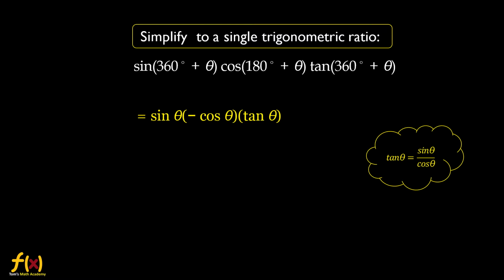Now we use the identity tan is sin theta over cos theta. Then we can cancel cos and cos. So we have sin times sin, which is sin square theta, a single trigonometric ratio. A small question.